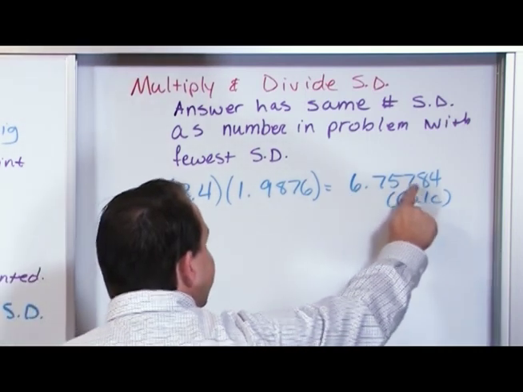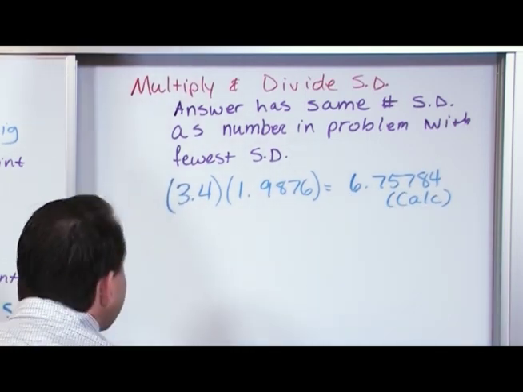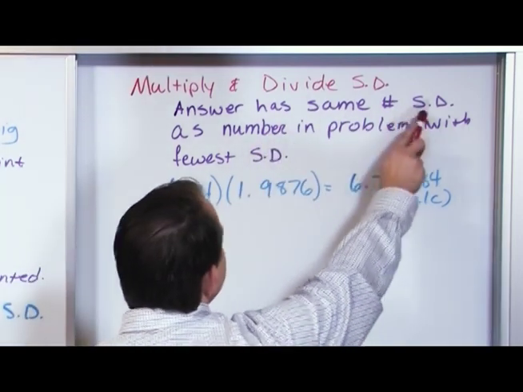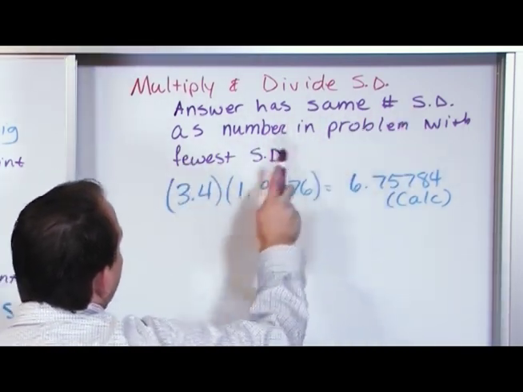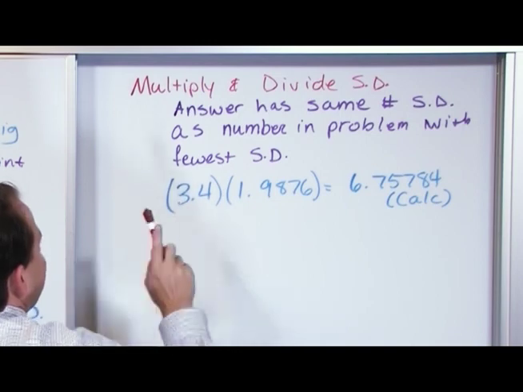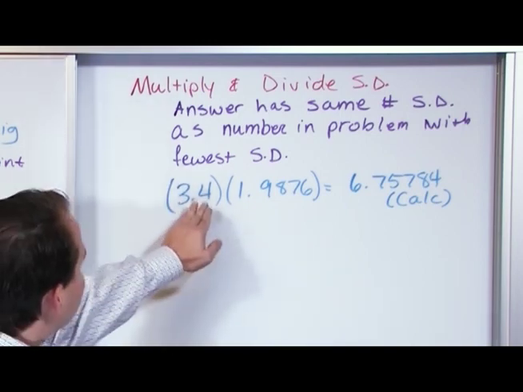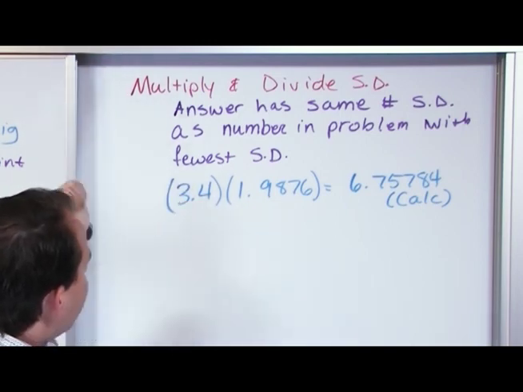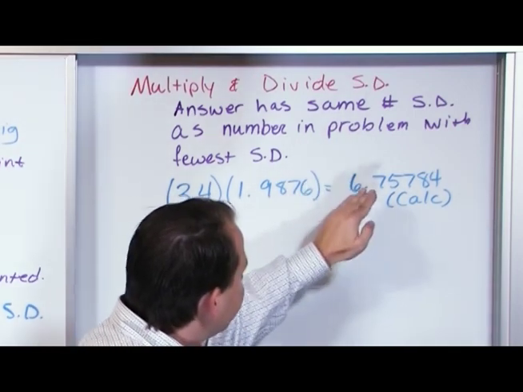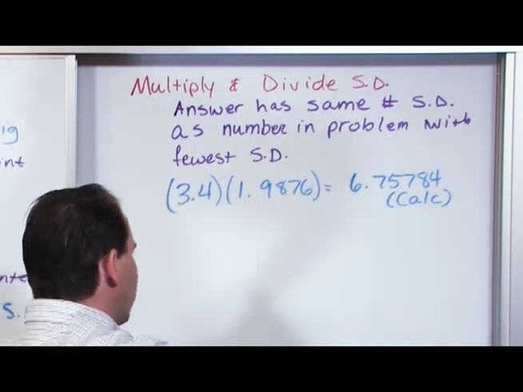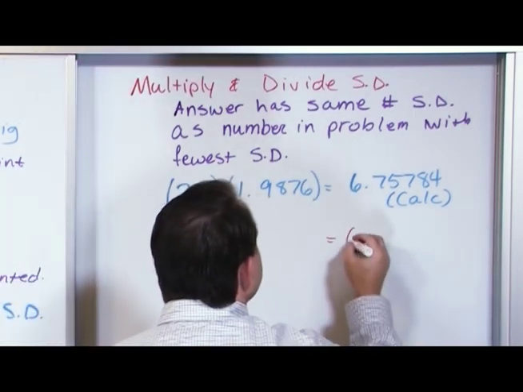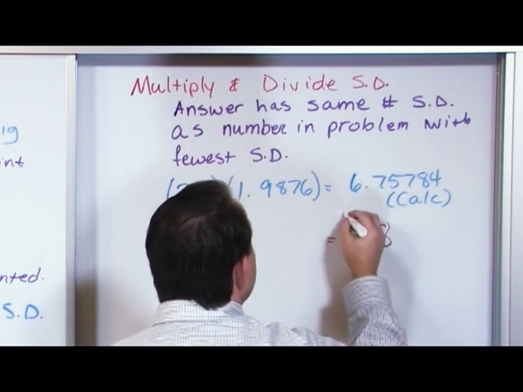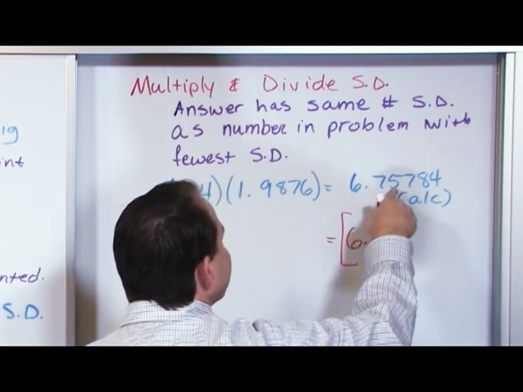Basically, my answer given by the calculator is given by this guy, and I'm going to keep the same number of significant digits as the number in my problem with the fewest significant digits. In other words, this number has 2 significant digits. Therefore, my answer must have 2 significant digits. So the way I'm going to write that is 6.8. I'm going to round it here because I have a 5 here.